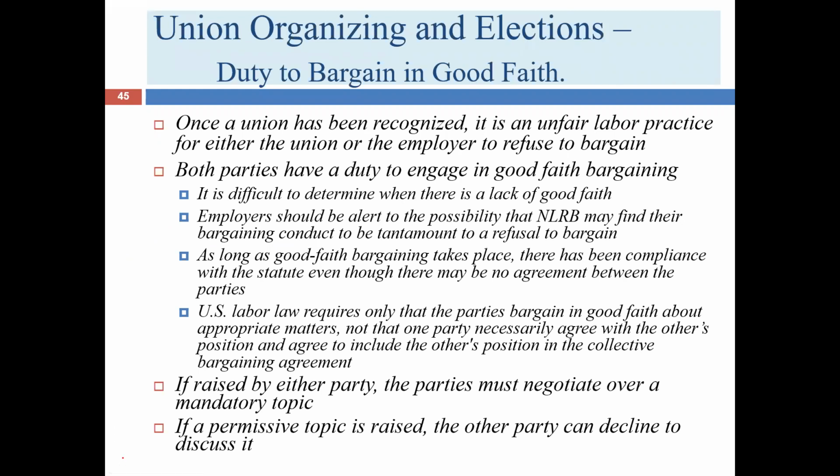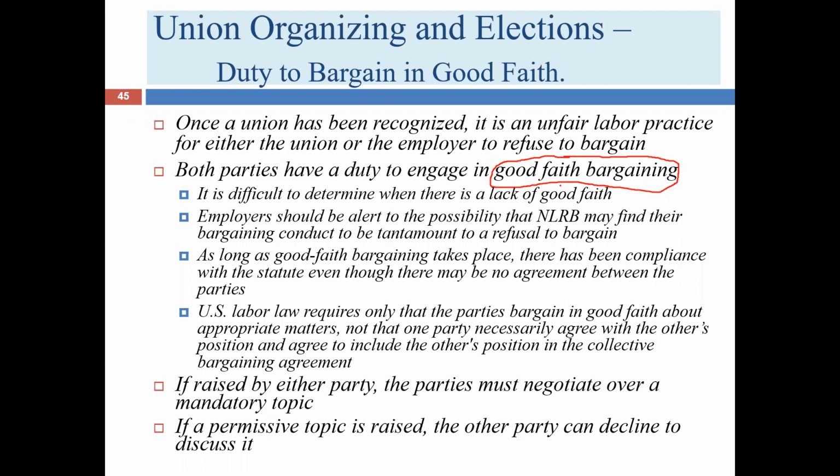Both parties have to negotiate in good faith. Now, what this means is a little bit tricky. Both parties have to come to the table intending to try to reach an agreement. That has to be their goal.